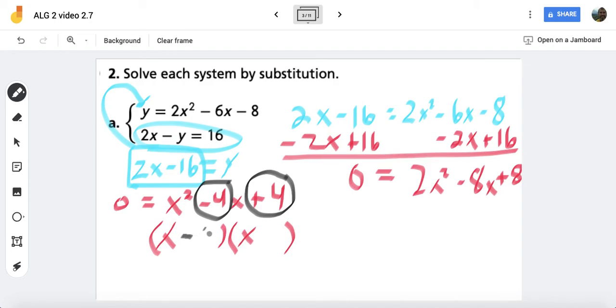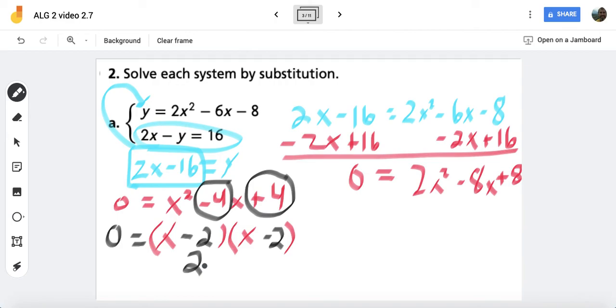Because negative 2 times negative 2 is positive 4, and negative 2 plus negative 2 is negative 4. Now this equals 0. I'm almost done. Now I need to find what values make these equal to 0. 2 makes this one 0, and 2 makes that one 0, so it turns out 2 is the only answer for x.